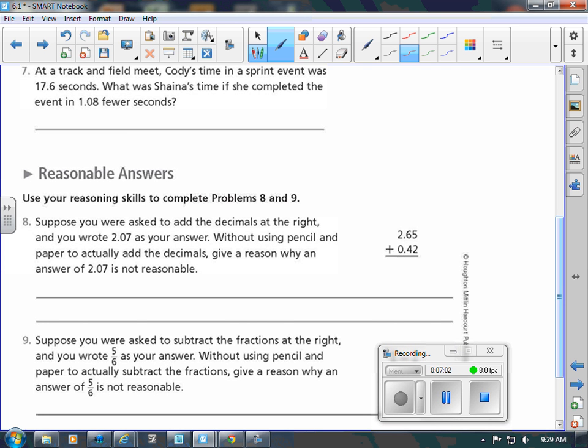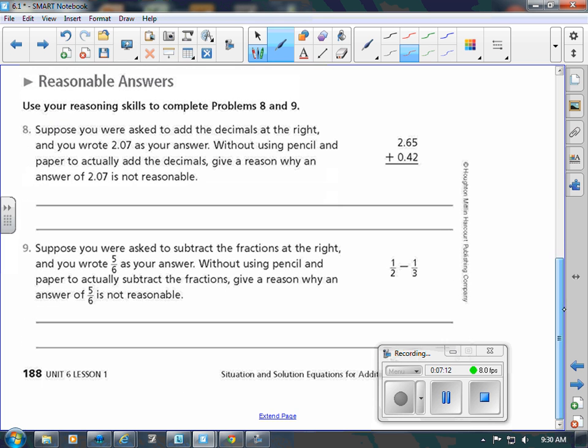Okay, so let's look at the next one. Suppose you were asked to subtract the fractions at the right, and you wrote your answer as 5/6 without using a pencil and paper to actually subtract the fractions. Why is that not a reasonable answer? Well, if I take 1/3 from 1/2, that's not where I'm going to end up.